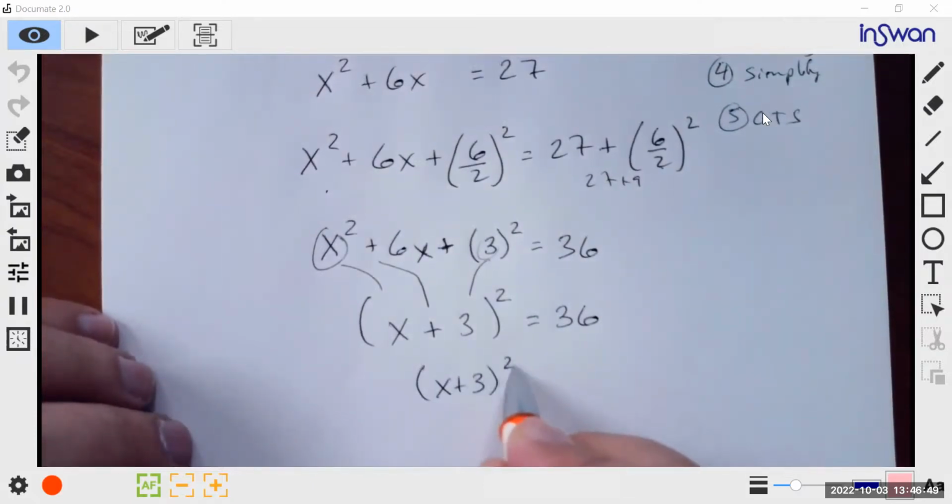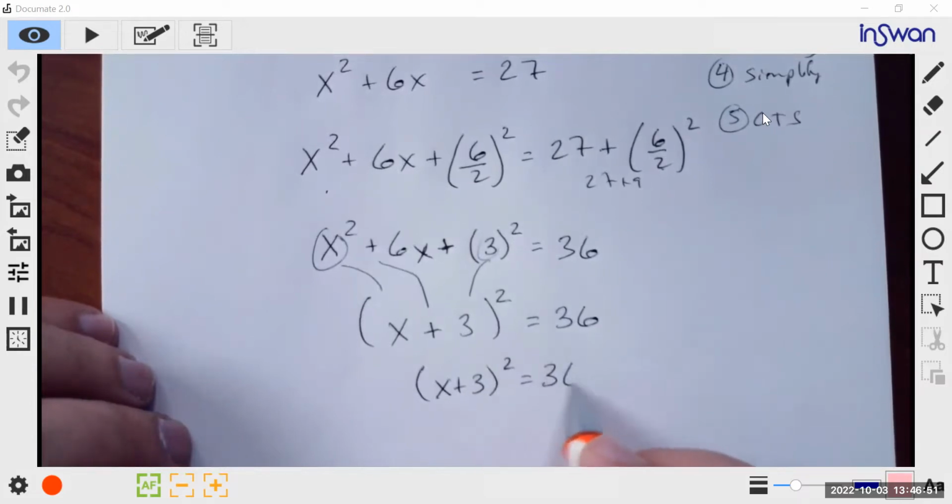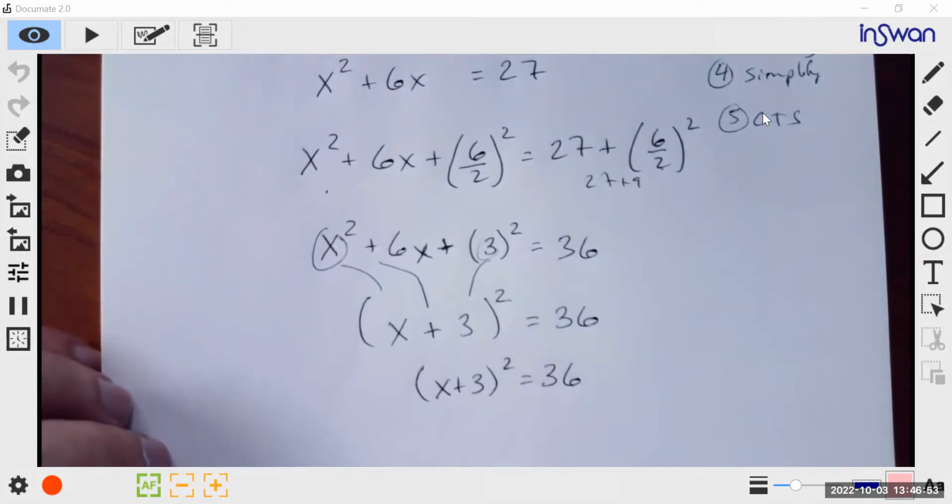We have to solve for x. So what's my next step?